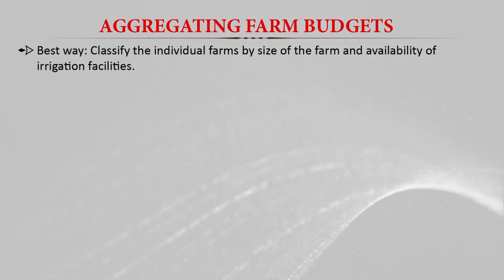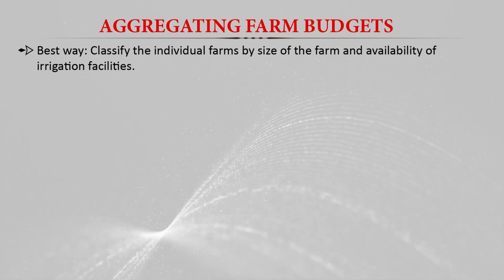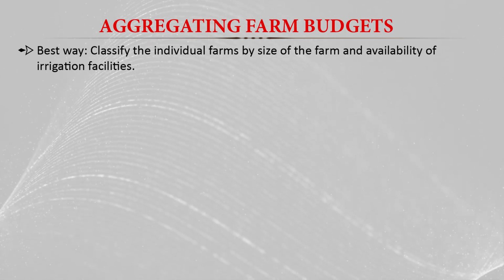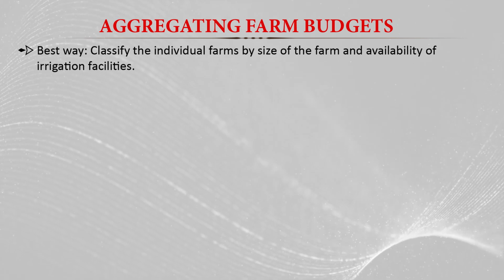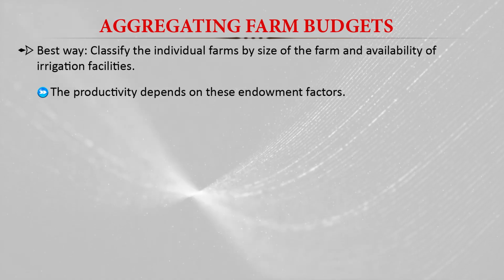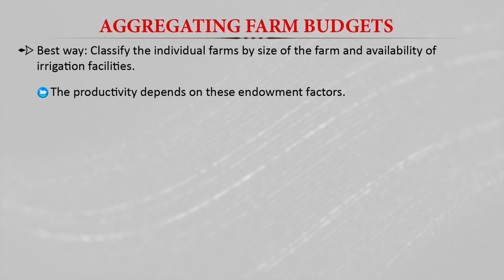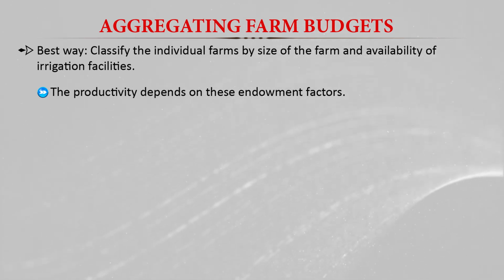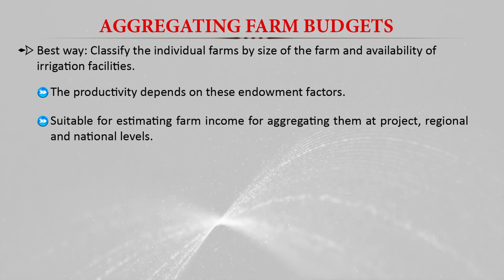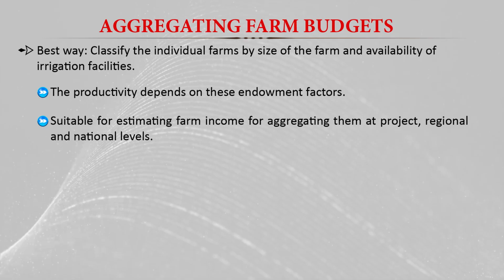The best way is to classify the individual farms by size of the farm and also availability of irrigation facilities. Productivity in a project area depends on these endowment factors like the size of the farm or the irrigation facilities. And this classification is suitable for estimating the farm income for aggregating at the project level, the regional level, the national level.